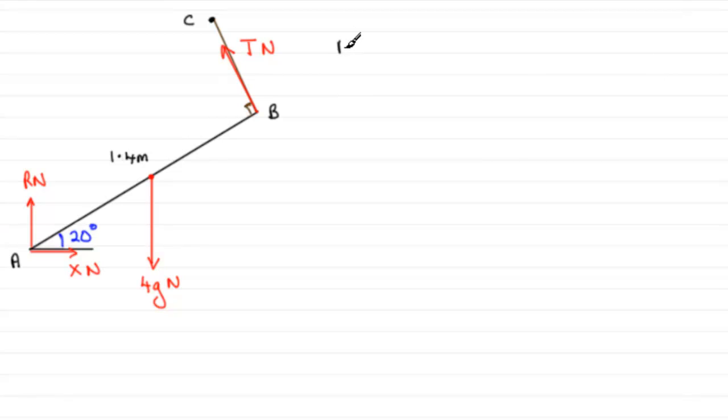We'll take moments about A, let's just put that up here, and we've got to take a positive sense. And it doesn't matter which way you go, whether it's anti-clockwise or clockwise, but I'm going to choose anti-clockwise as positive. And the reason for that is that it just keeps T positive in my equation. But that's totally up to you.